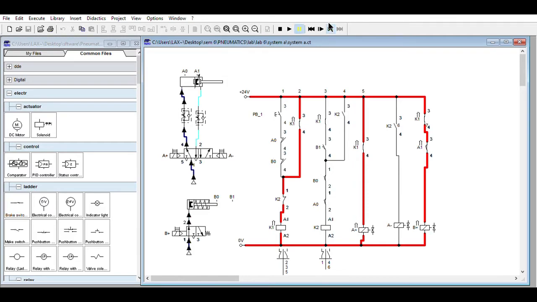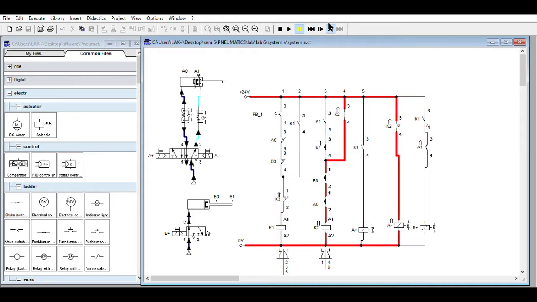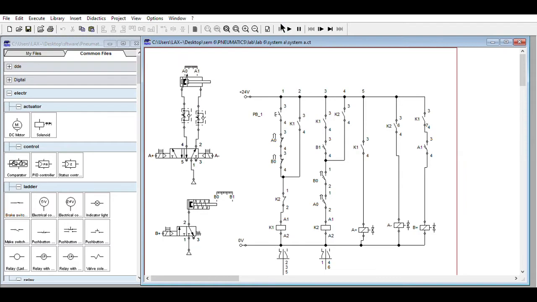When the single acting cylinder has extended, sensor B1 gives a signal and both cylinder A and cylinder B retract at the same time. The process is repeated when the push button is pressed again.